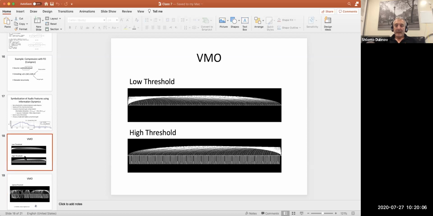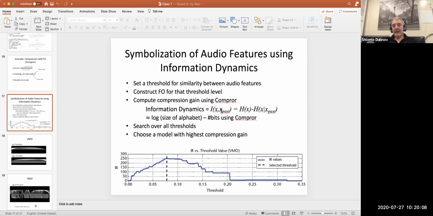So that was kind of the whole idea of using the threshold, or searching for the highest prediction or the best information rate, the highest information dynamics, by changing the thresholds and quantizing your original audio features into different alphabets.